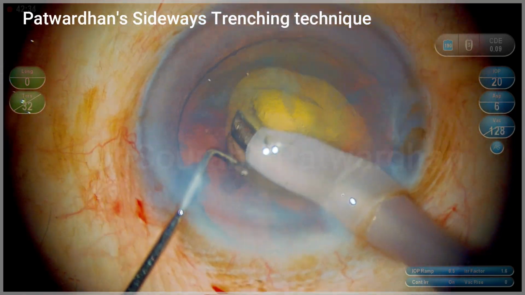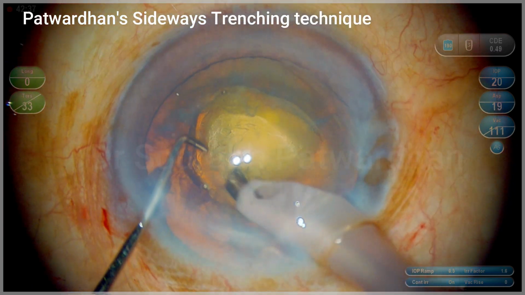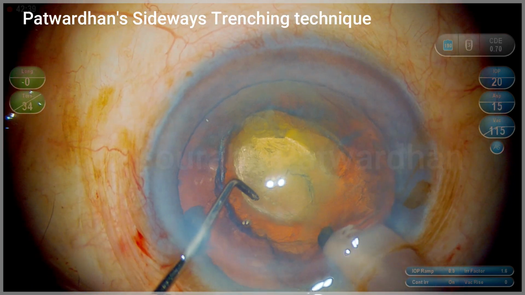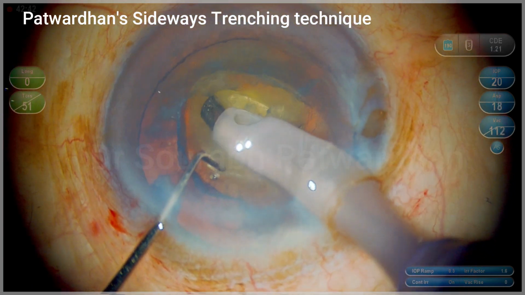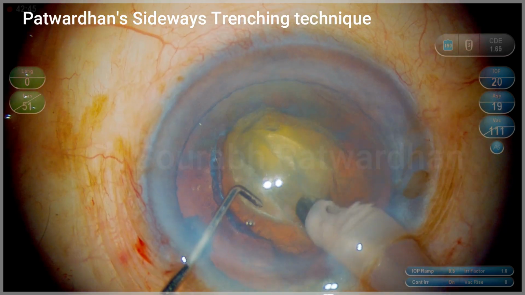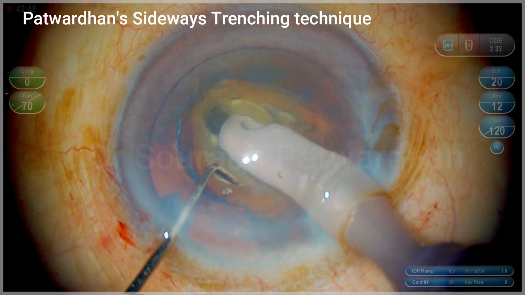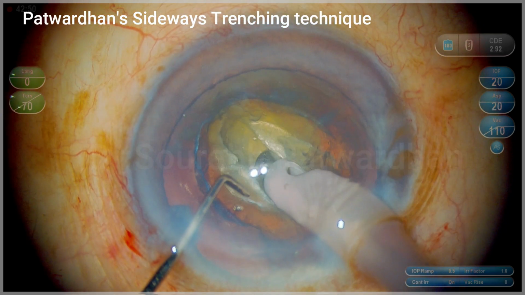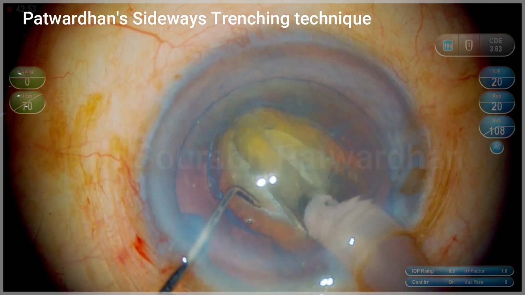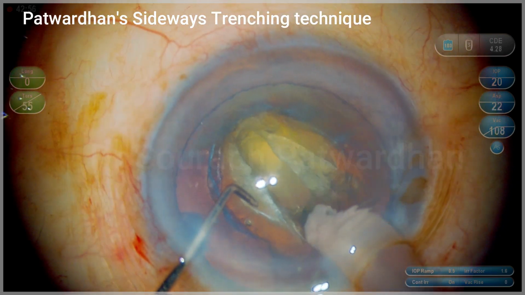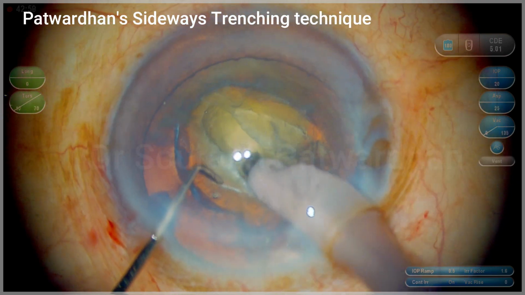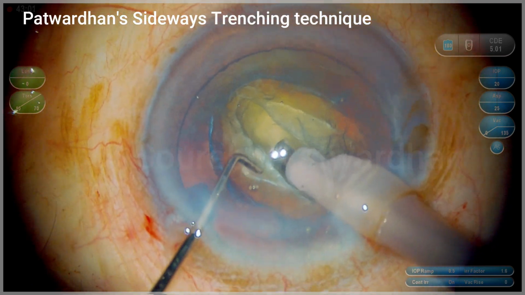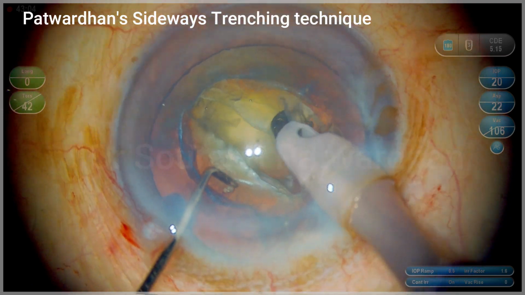And the basic idea or concept behind this is that in denser cataract like this one with a posterior polar element, we should not rotate the nucleus, and with these denser cataracts it's difficult to carry out nucleus removal without rotation. So what I'm going to do is first make a deep trench right in the center and then I'm going to go sideways.